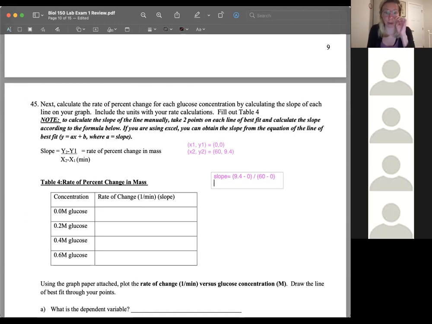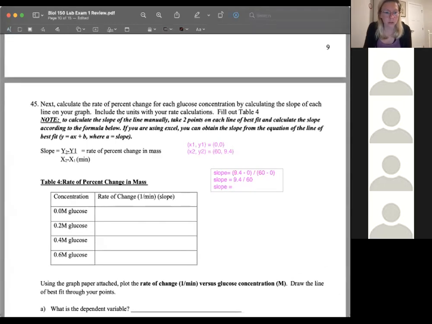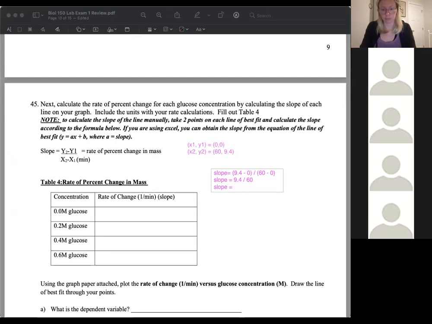So we're looking at 9.4 divided by 60. And I got 0.156.